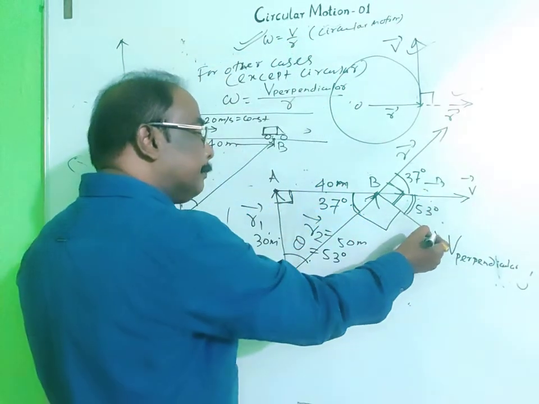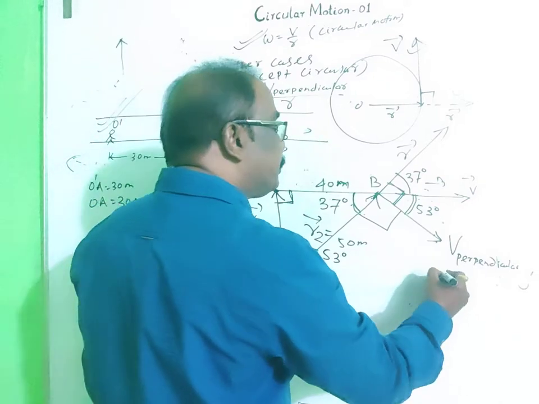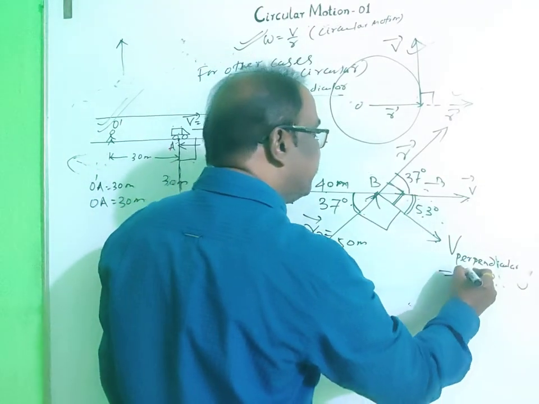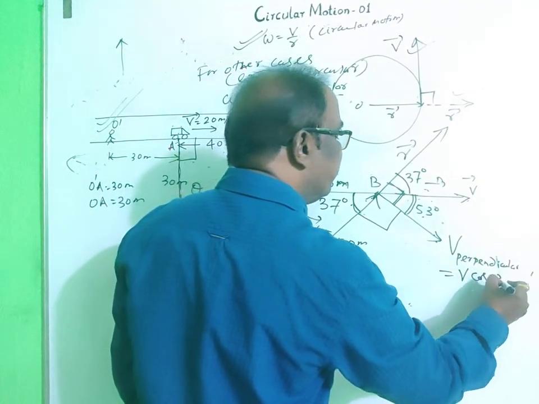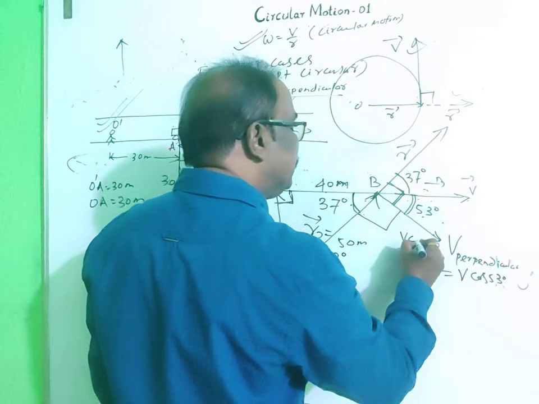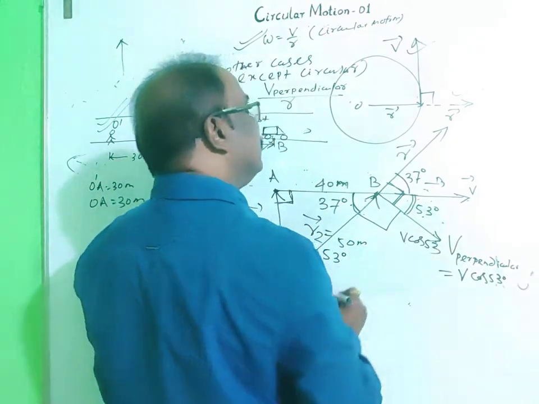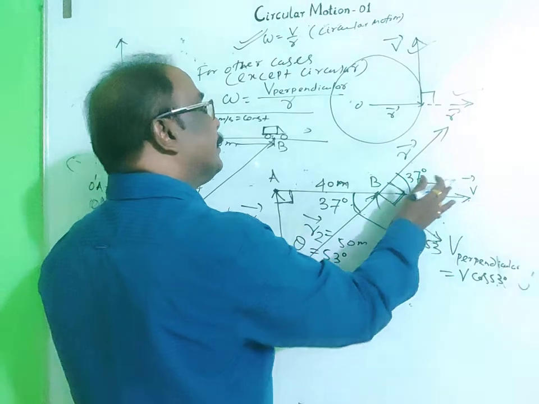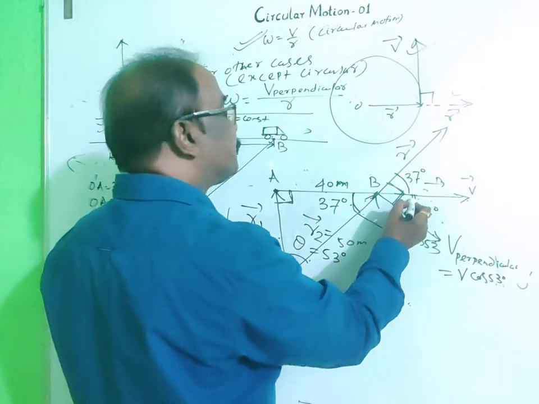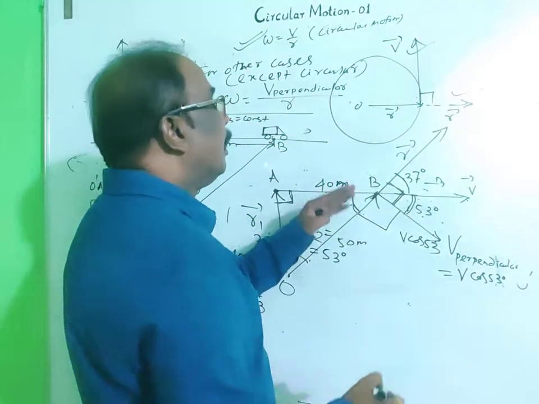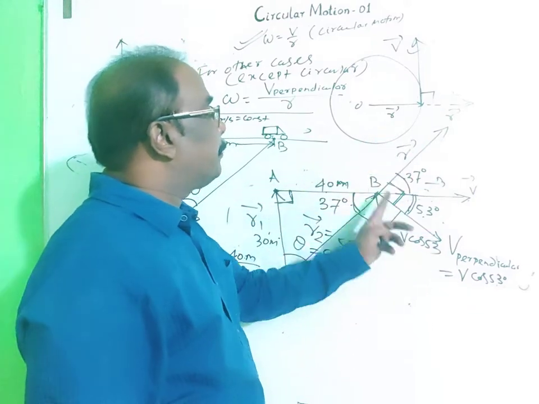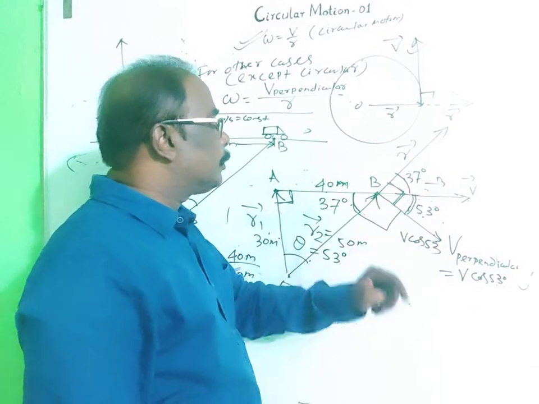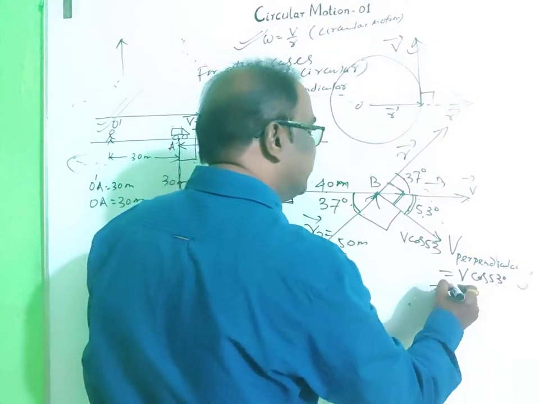So the component of velocity along this direction, meaning V perpendicular, is equal to V cos 53. This is the result. This angle is 53, and this is V sin 53. But the perpendicular component is V cos 53, and that equals V.